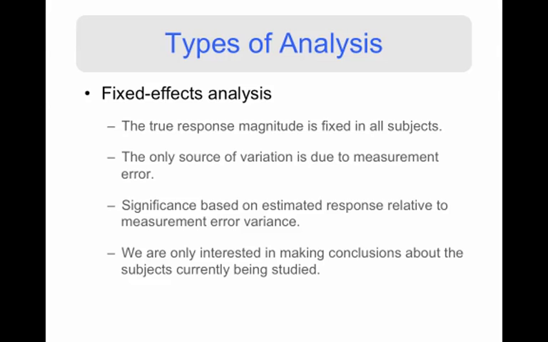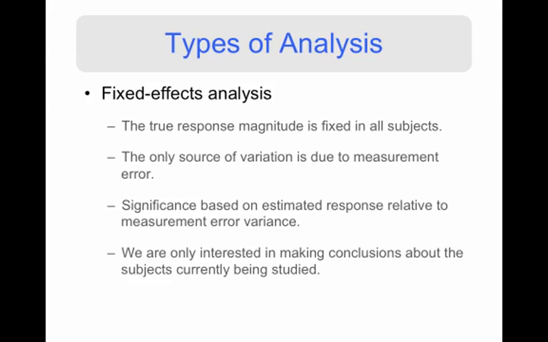Now the only source of variation is due to measurement error. So the only reason that my scan is different from your scan would be due to measurement error when collecting the data. Significance is based on estimated response relative to measurement error variance, since that's the only source of variance. So any t-statistic is based on the estimated beta compared to the measurement error variance.